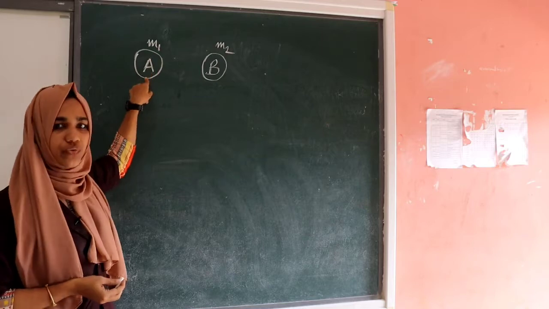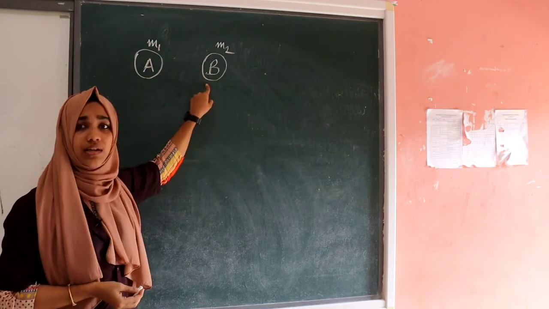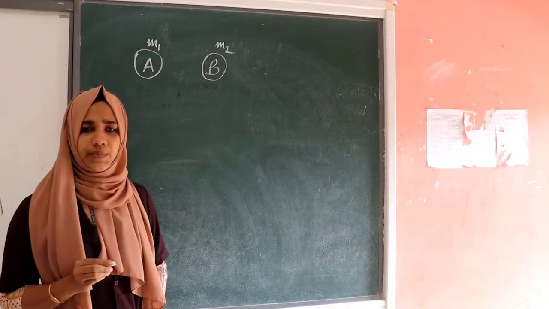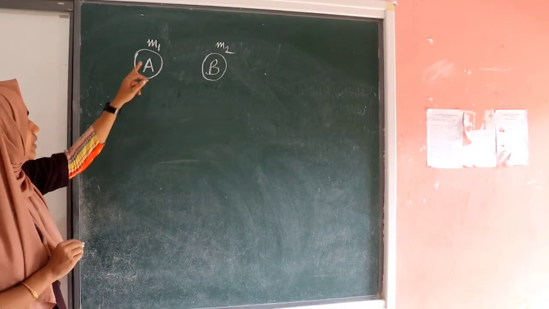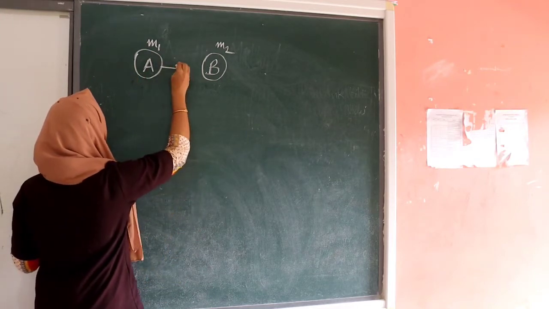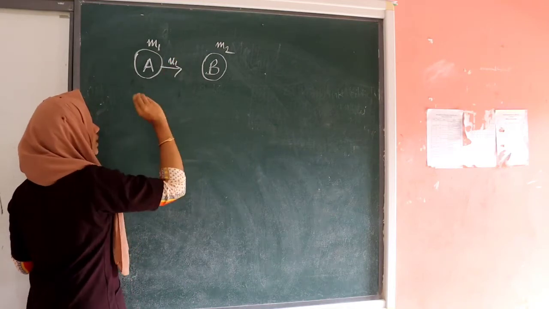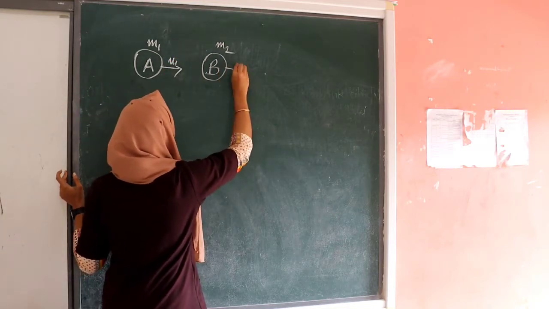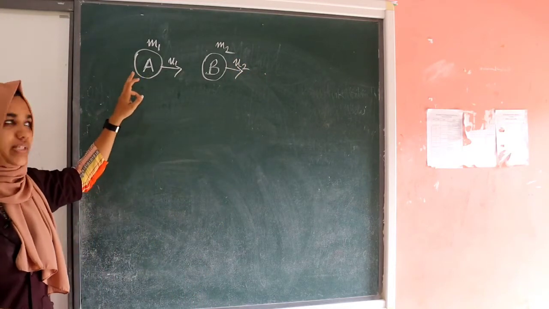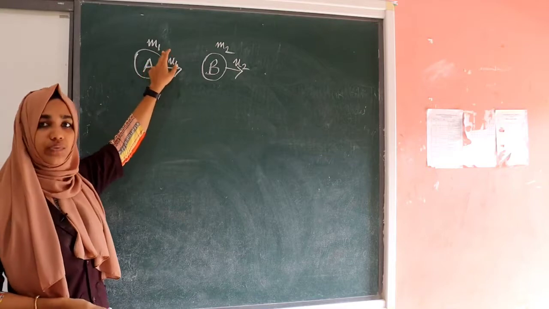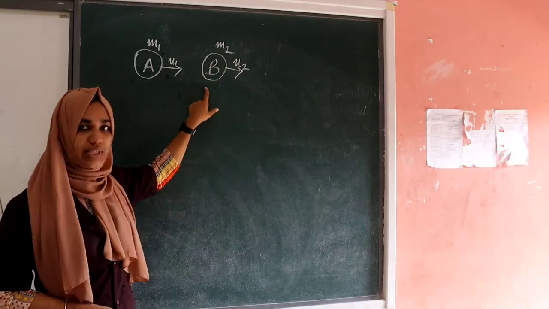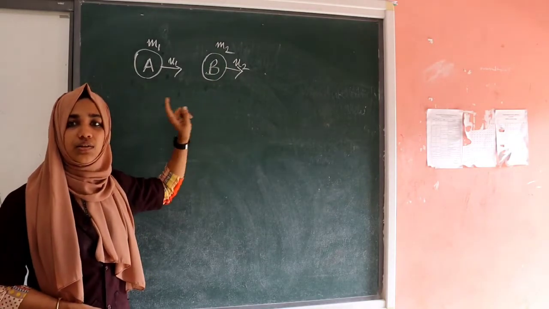M1 and M2 are moving with initial velocities. M1 is moving with an initial velocity U1, and M2 is moving with an initial velocity, that is what?